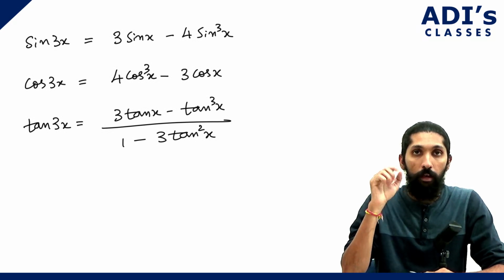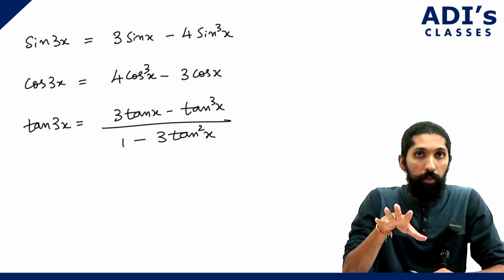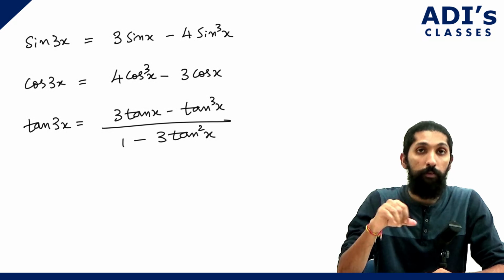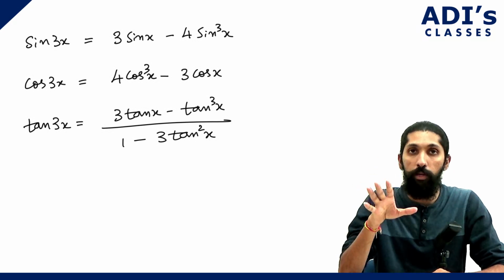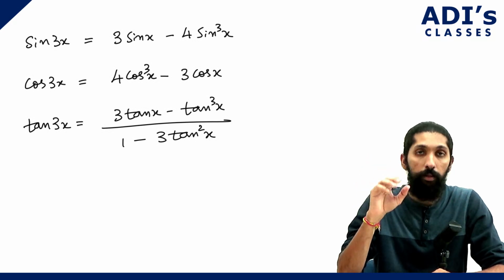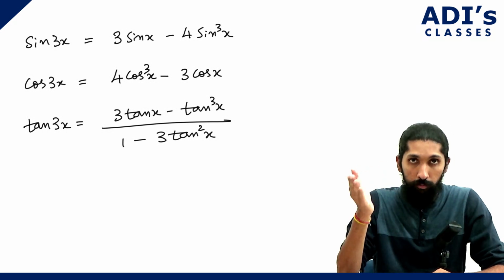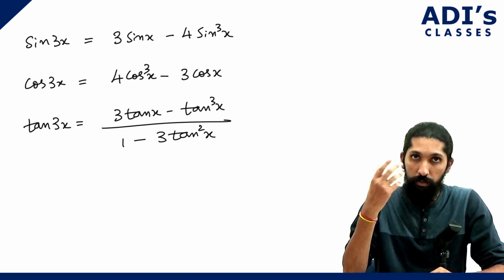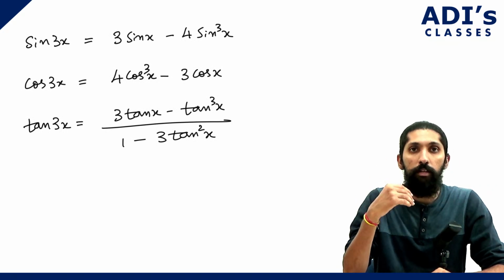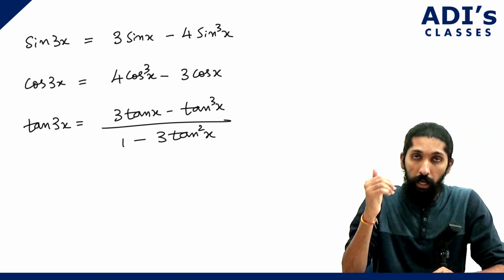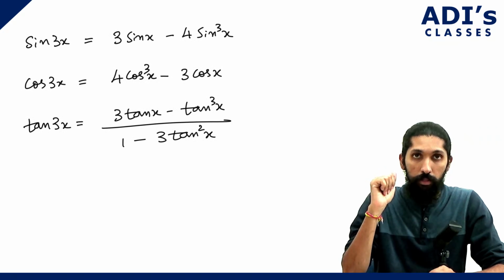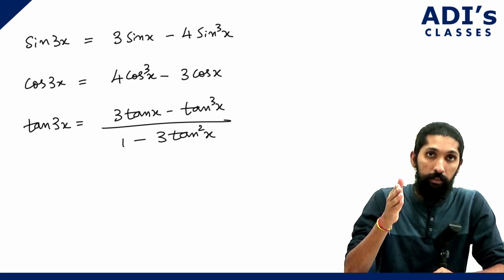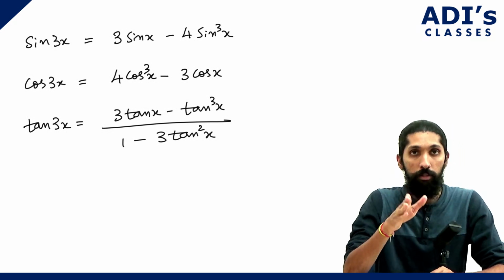Most questions will provide you with the range, so you don't have to worry about it. From the next video onwards, we'll start with problems. There are multiple problems, and we'll solve them. Then you will understand how to find the derivative of inverse trigonometric functions.